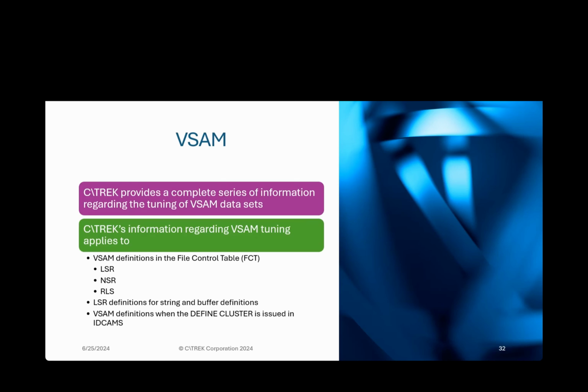Performance monitors will tell you about buffer and string waits, but none of them will tell you that you have a file defined with no records in it. You'd be surprised how many files you'll find in an installation, especially a large VSAM file installation, that have no records in them.